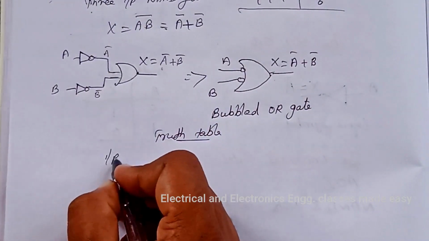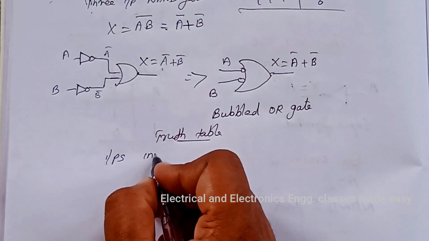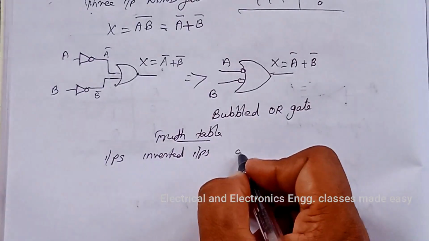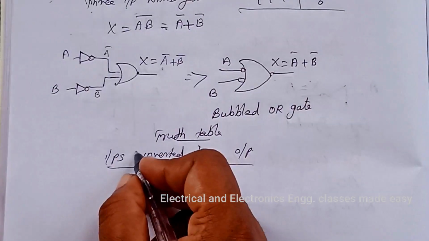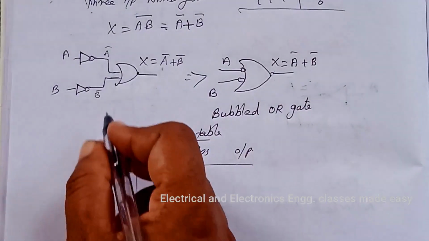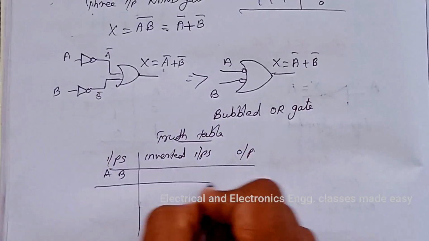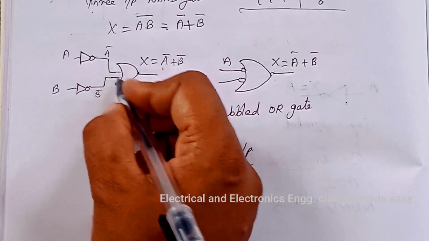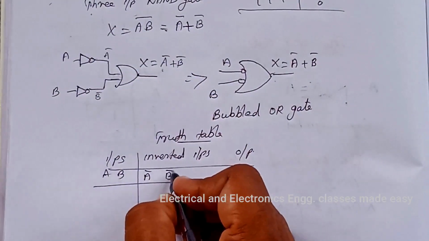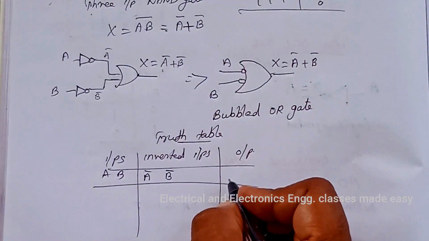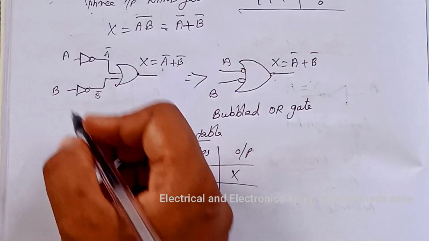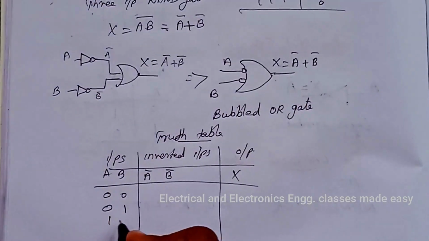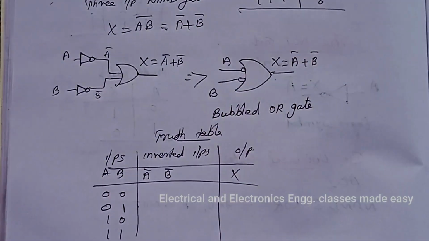Here inputs, then inverted inputs, then output. That is AB. Then the inverted inputs to this OR gate are A bar, B bar. Then output is X. That is, A and B combinations are 0, 0, 0, 1, then 1, 0, 1, 1.